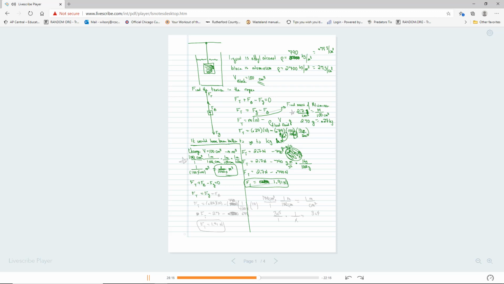Force gravity, force buoyant. Now, I can just fill in everything I have. We go back and get the mass over here. So we had 0.27 times 10, and now we just put in the numbers they gave us. 2,700 times 1 over 10,000 times 10.